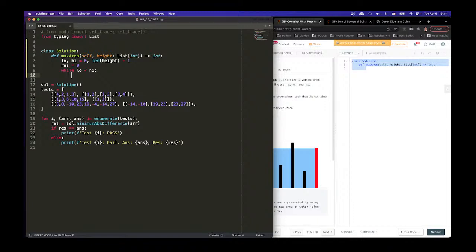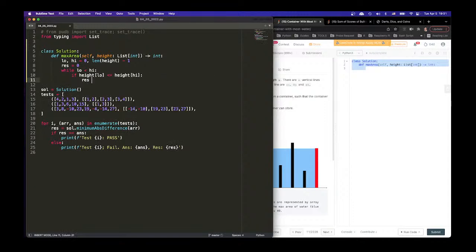If height low is smaller than or equal to height high, then rest equals the maximum of rest and height low times high minus low.